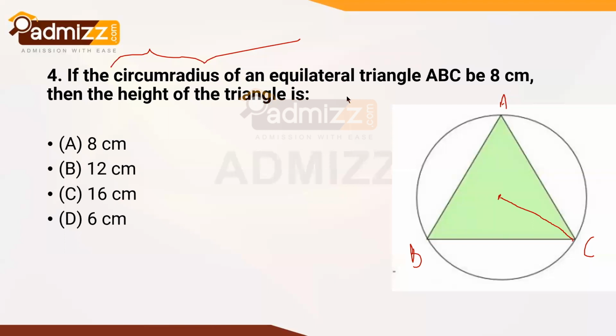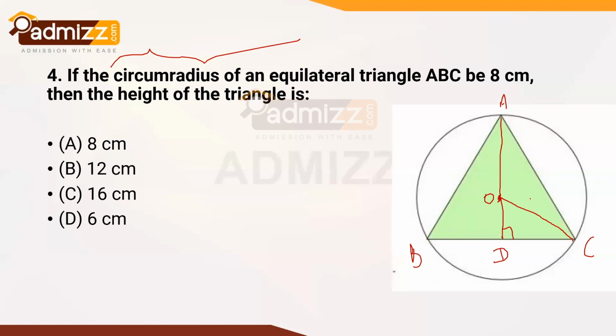With that said, we have to solve for the height of this triangle, which is basically a perpendicular from one of the vertices to the opposite side. So if I drop a perpendicular from here to D, this perpendicular passes through the center of the circle, which is O. After this is done, all we have to do is solve for this perpendicular.